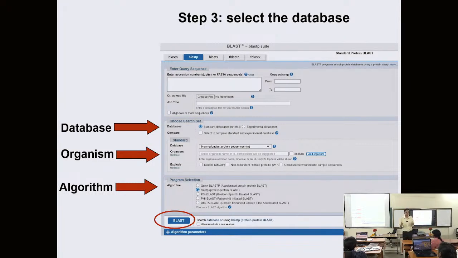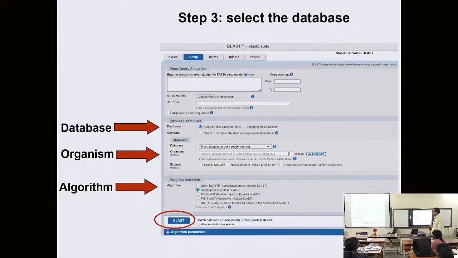For example, you want to compare against only human sequences, so you will write here in this organism box human or Homo sapiens. Okay, you have the option to exclude also. You don't want to compare against human sequences, so you will select this exclude. So it will exclude human sequences from the database.